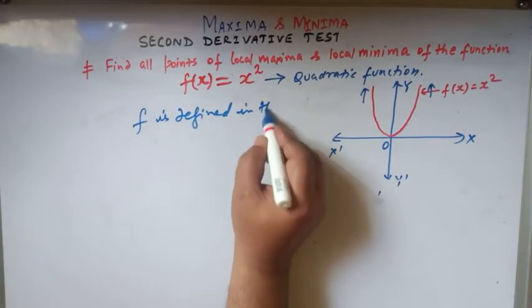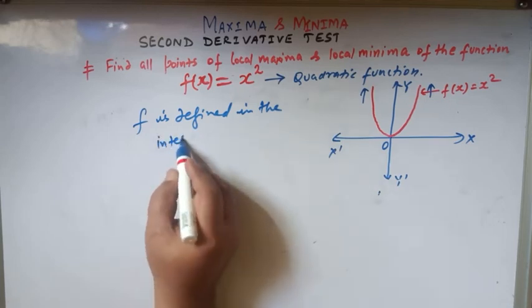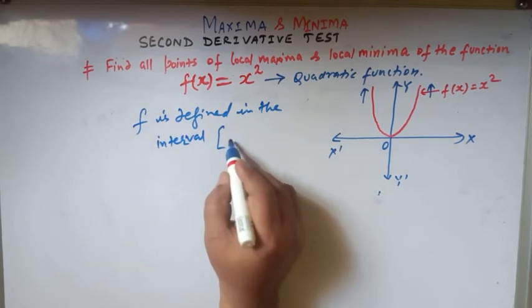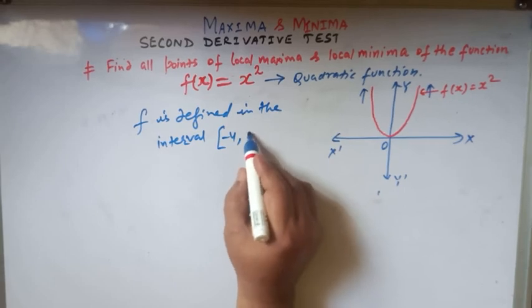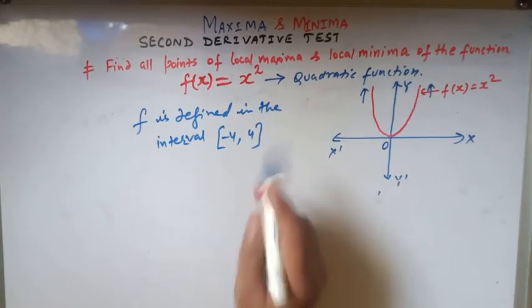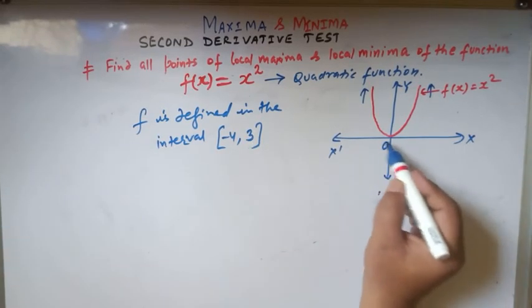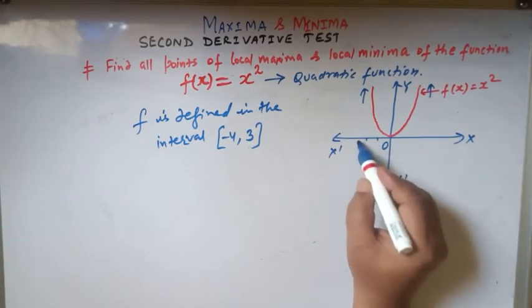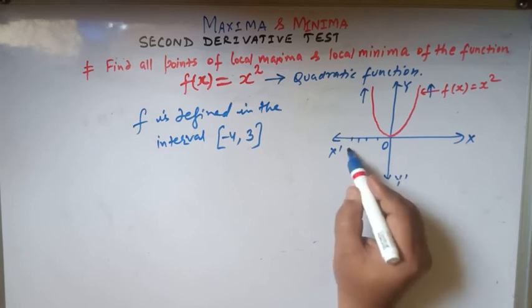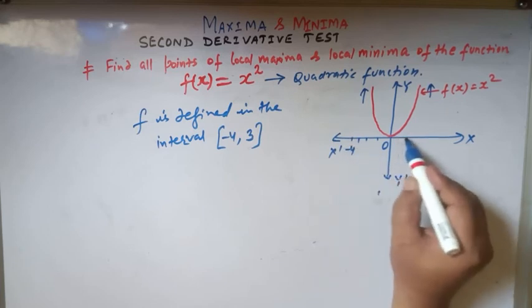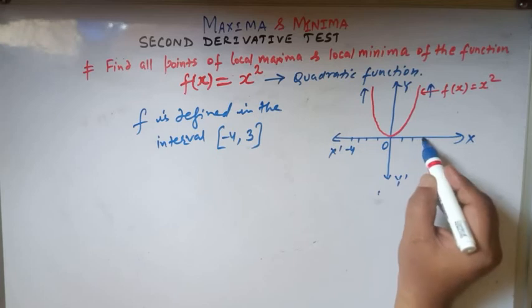Okay, suppose f is defined in the interval, say -4 to 3. So here we have 1, 2, 3, 4 on one side, so this is -4, and here we have 1, 2 and 3.